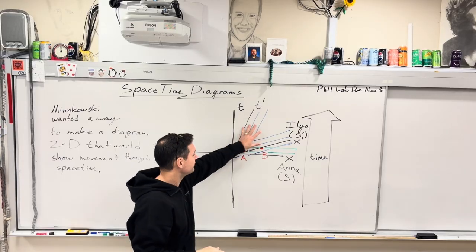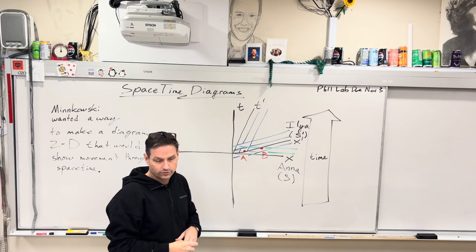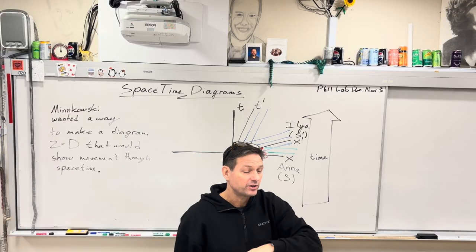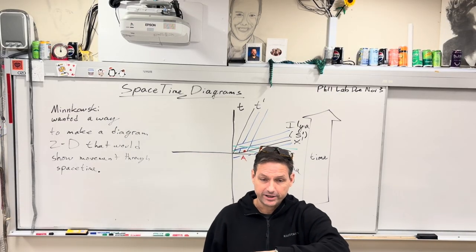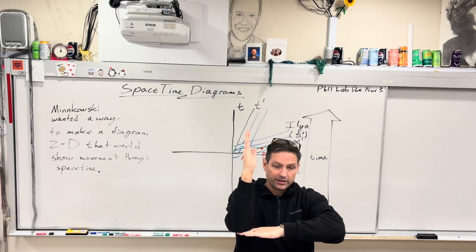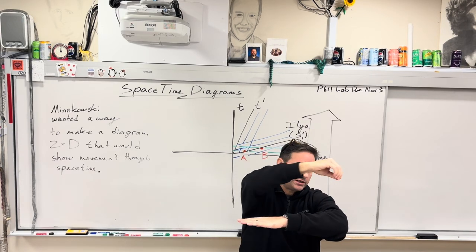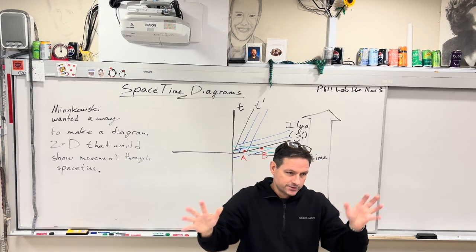Normally we don't have these tilted lines. There's two things that are weird about this. Normally we have time on the X, right? And we have space on the Y, and as time goes on, we travel a little bit of distance through time. That's just a normal graph.